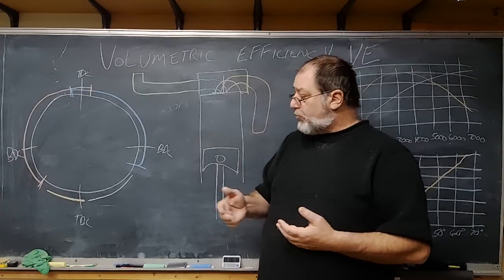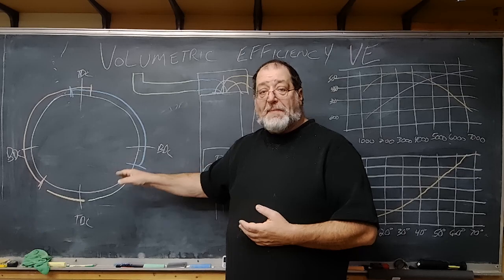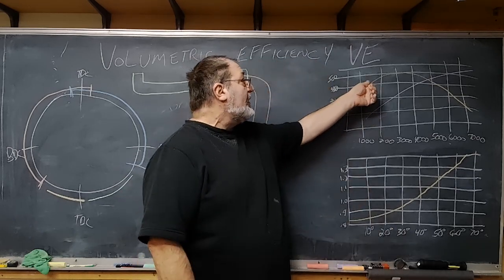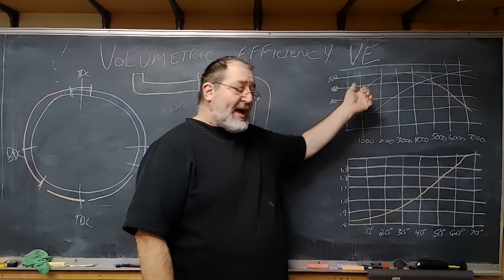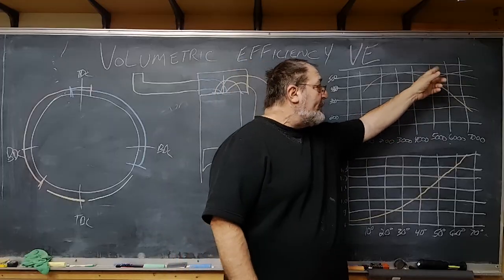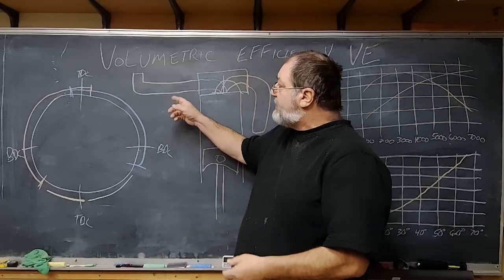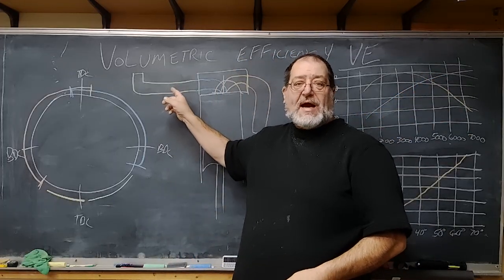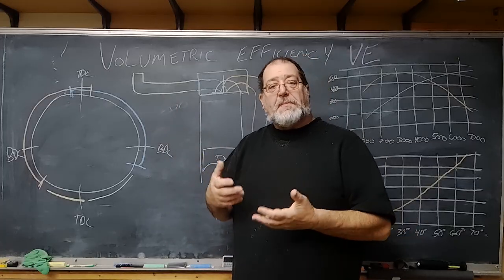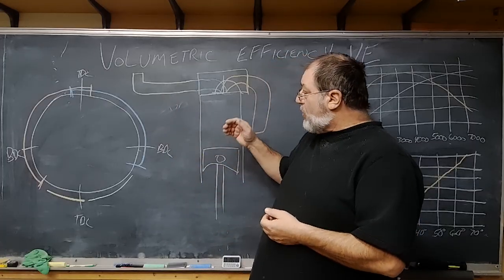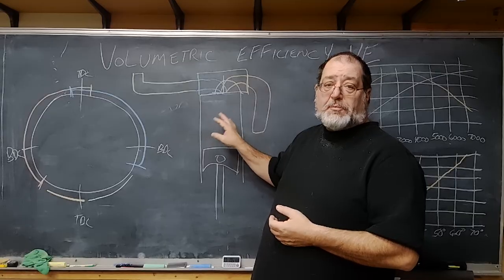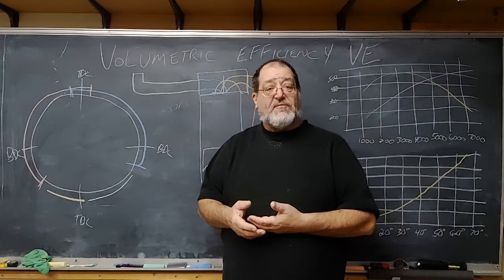And so you're running a cam that's way big, that may be hurting you down here, and it's not gaining you up here because you didn't have the airspeed to carry it.